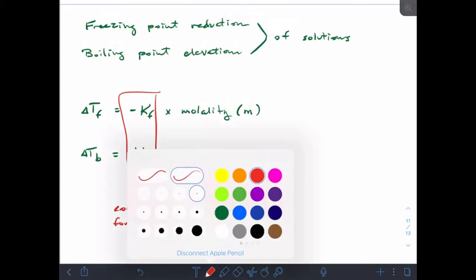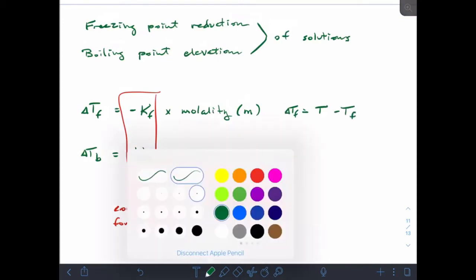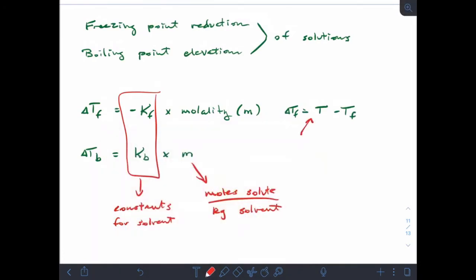And to clarify our delta Tf and delta Tb, if I'm talking about the delta Tf, we're talking about the temperature for the normal solvent freezing point minus the new temperature. So let's annotate that so you have it written down.